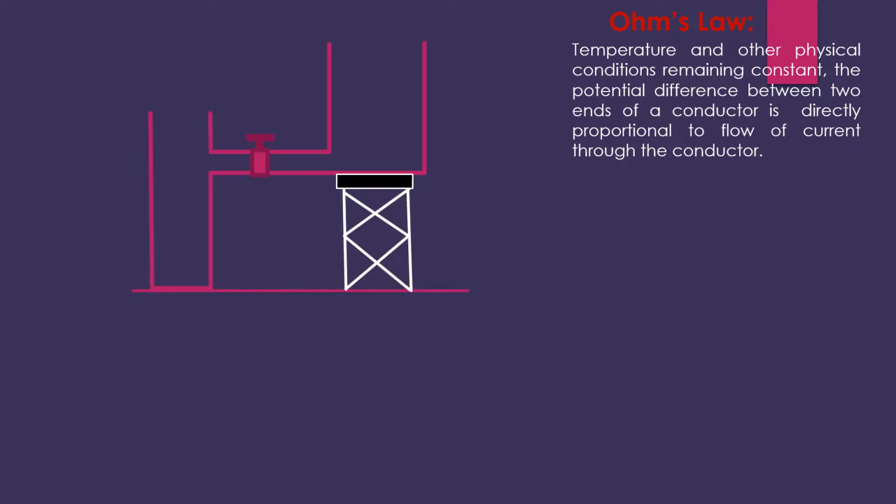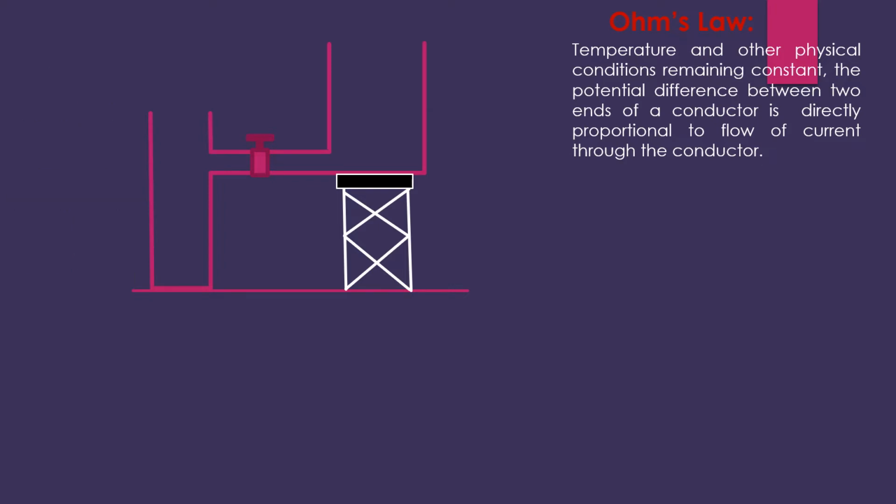To explain Ohm's law, we may compare the flow of current with the flow of water. As water flows in a downward direction, likewise current flows from higher potential to lower potential.